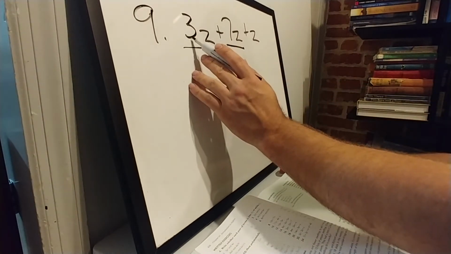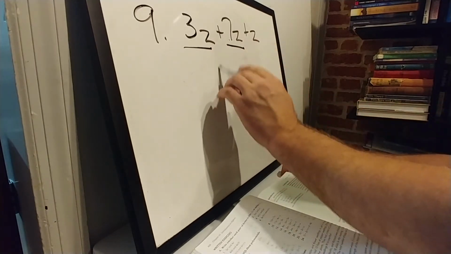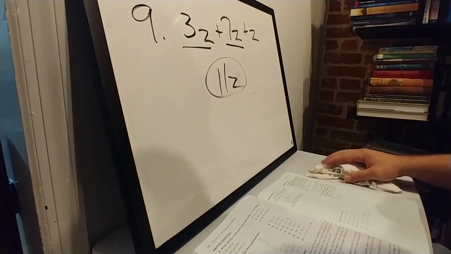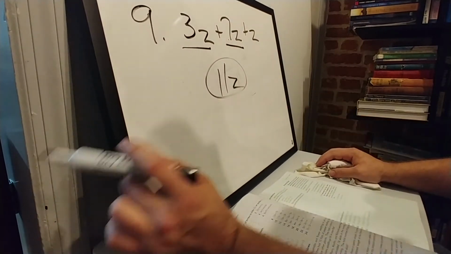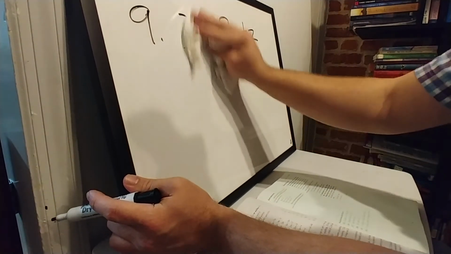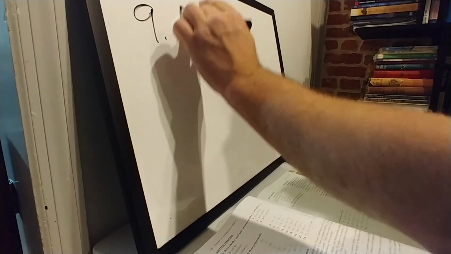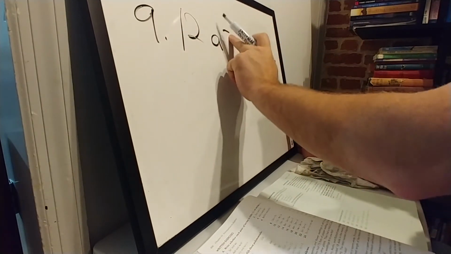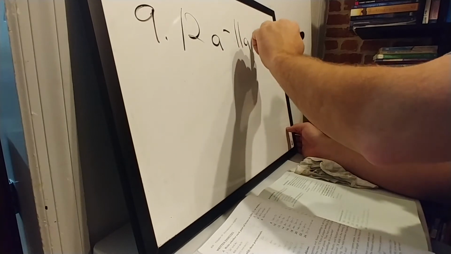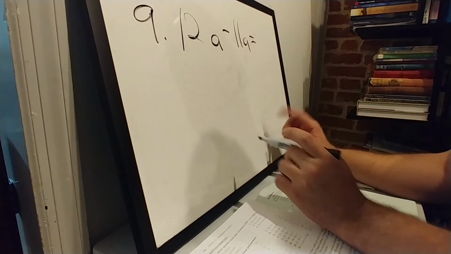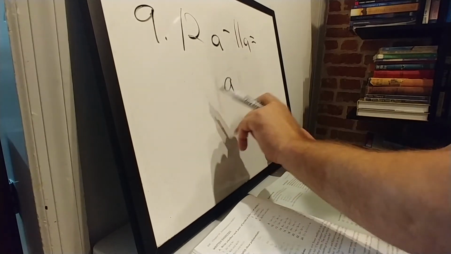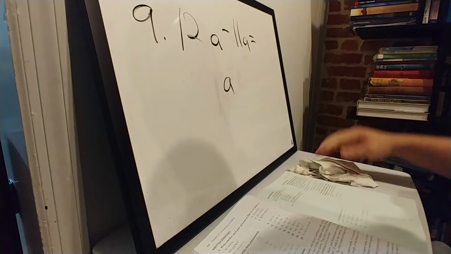You add them up: 3 plus 7 is 10, plus 1 more is 11z, the answer for that problem. If you happen to reduce, say you have a problem like 12a minus 11a, you would not write 1a, you would just write a. You never have 1 times anything.